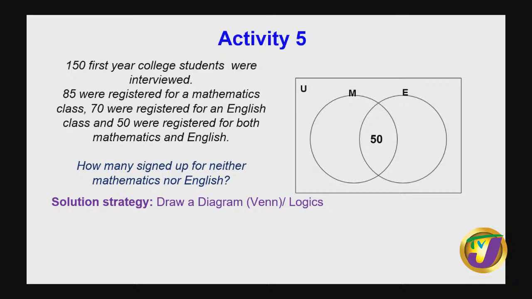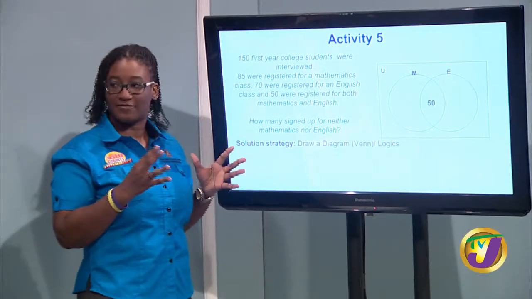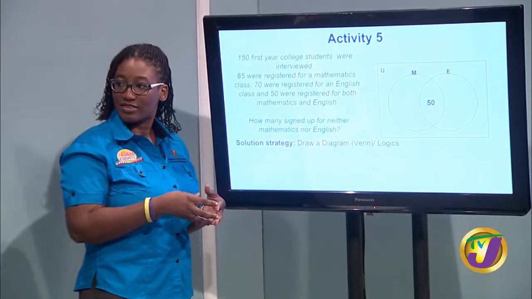85 students were registered for mathematics, suggesting to me that 50 of those students we account for already, because they would be the ones that do both math and English. So to find those who registered for math only, I would need to take those 50 students out of the 85 students who registered for math in total.